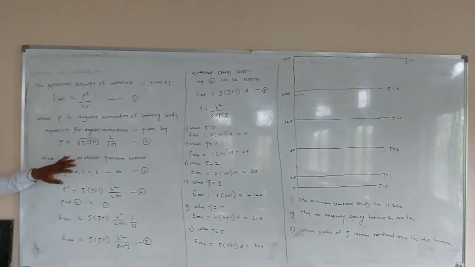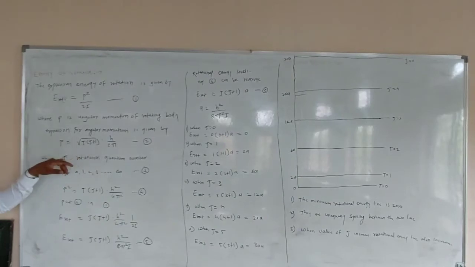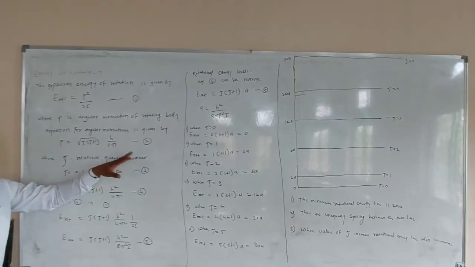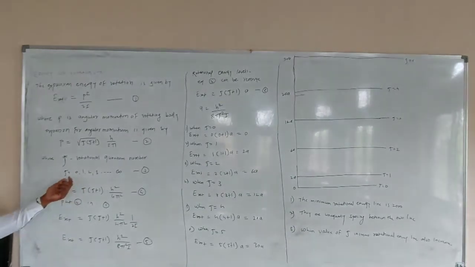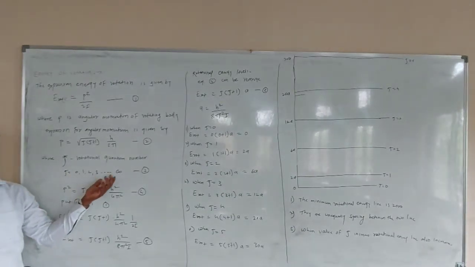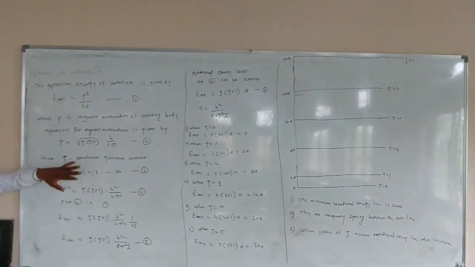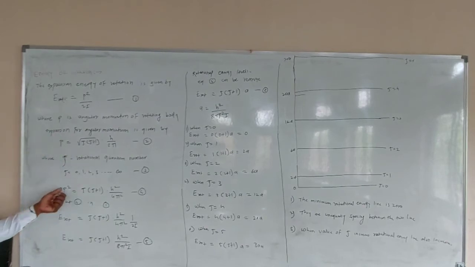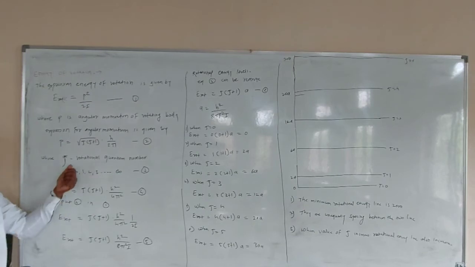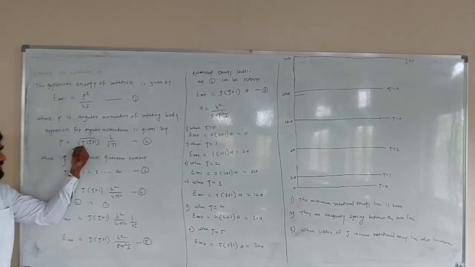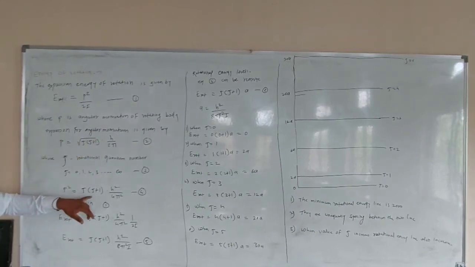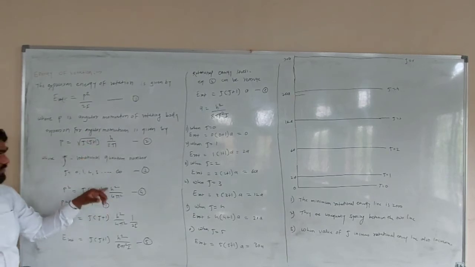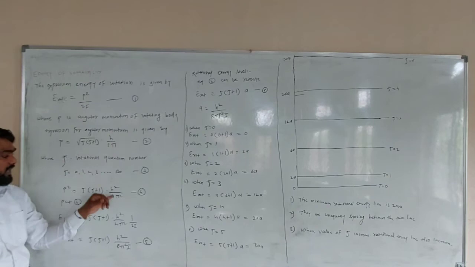Now, the term J is the rotational quantum number and the value of J is equal to 0, 1, 2, 3 up to infinity. Now square the equation number 2, that is P converted into P square, and the square root sign is removed: J into J plus 1, h becomes h square, and 2 squared is 4 pi square.